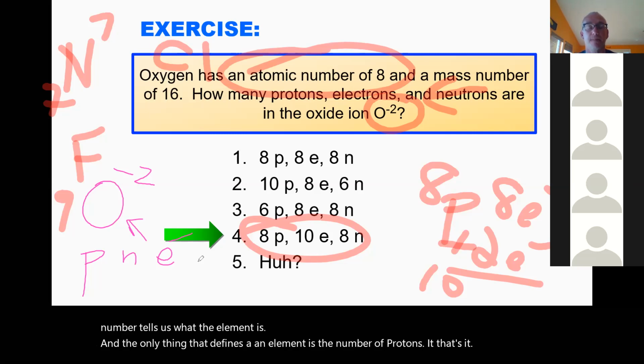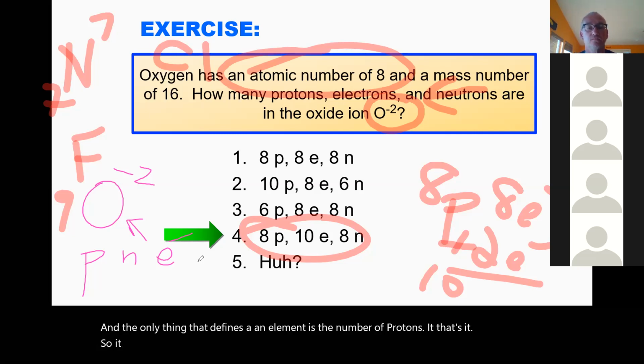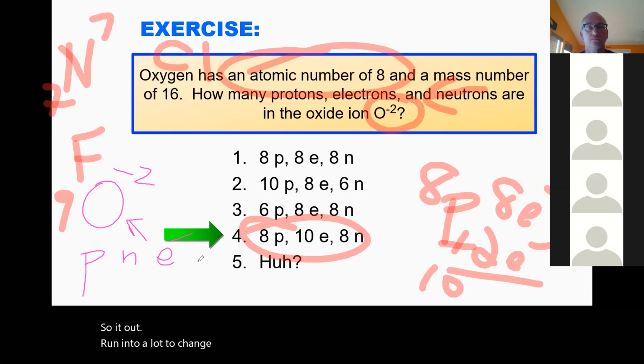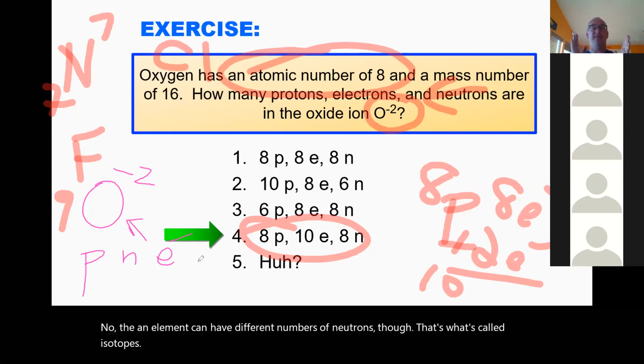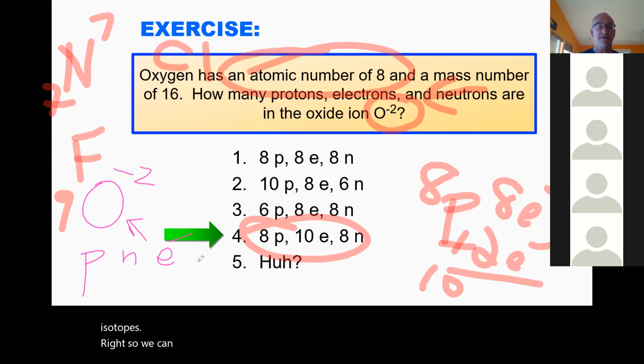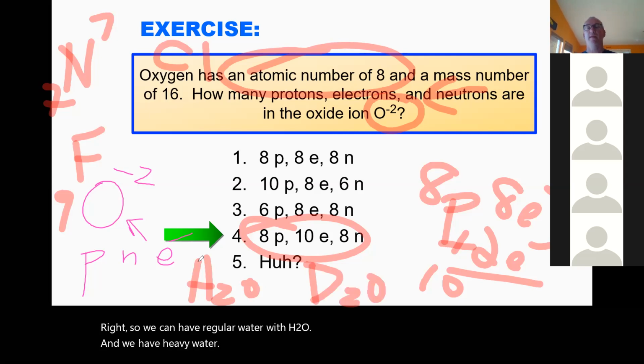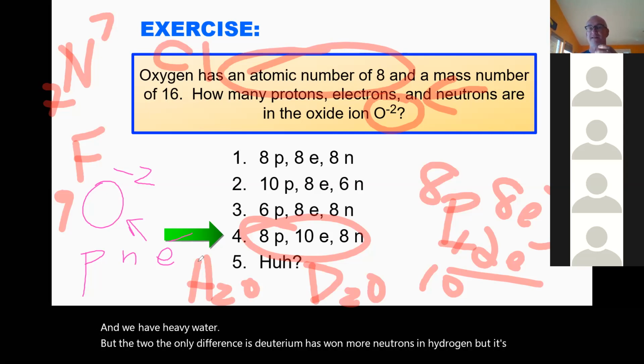And same thing with the neutron, it will not change, it's going to be the same? No, an element can have different numbers of neutrons. That's what's called isotopes, right? So we can have regular water with H2O, and we can have heavy water with D2O. The only difference is deuterium has one more neutron than hydrogen, but it's basically the same stuff.